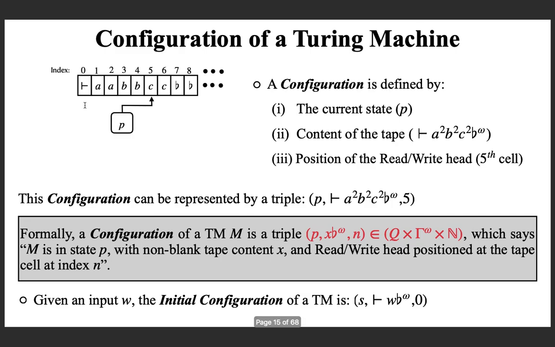So this is the initial configuration on a given input W. You are in the start state, only W is the non-blank content of the tape, and the read write head is positioned at the left hand marker. That is the initial configuration for any Turing machine for a given input W.